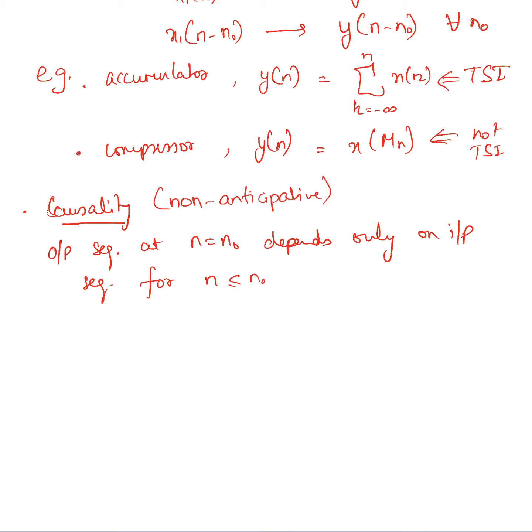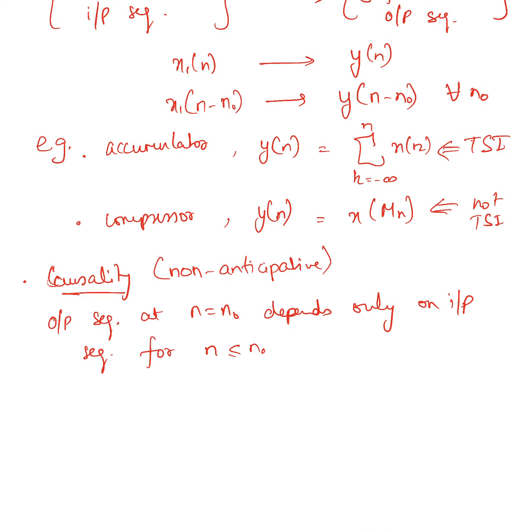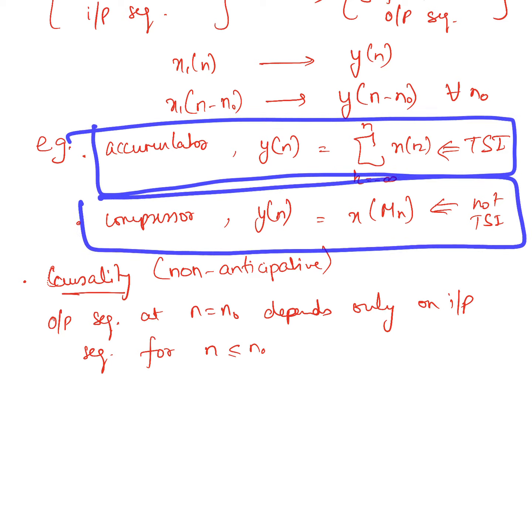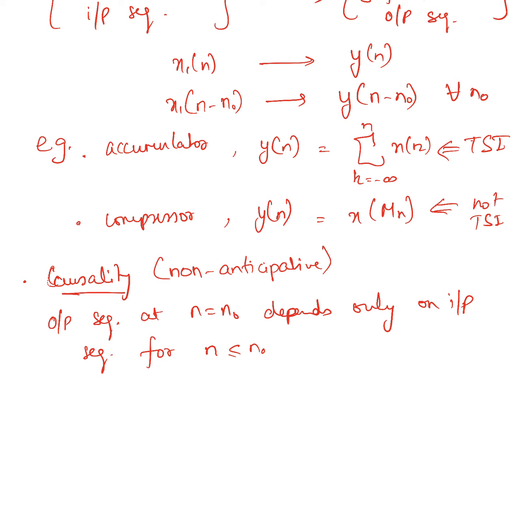Meaning to say that it cannot depend on the future values of the input sequence. So now, you can also check whether this accumulator or the compressor is a causal system or not.